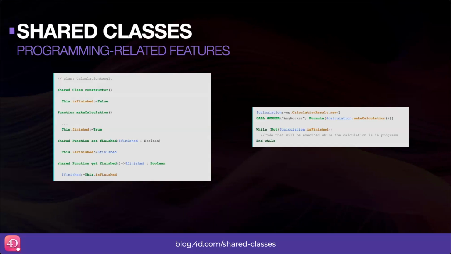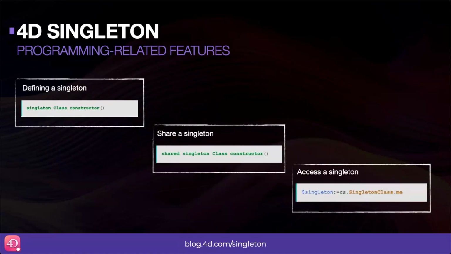We'll see later in this presentation that it is very practical for singletons, which is another new feature from 4D 20R5. And talking about singletons, 4D 20R5 introduces an extremely useful feature: a singleton is an object that is accessible throughout your entire application.